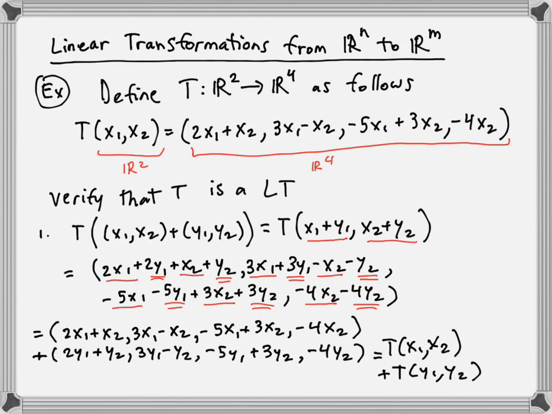Let me check property 2 now. What is T of a constant times (x1, x2)? This is the same as T of (cx1, cx2). Plug those into the formula from before.